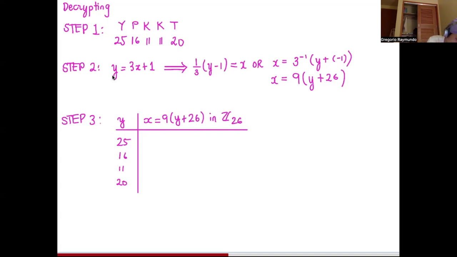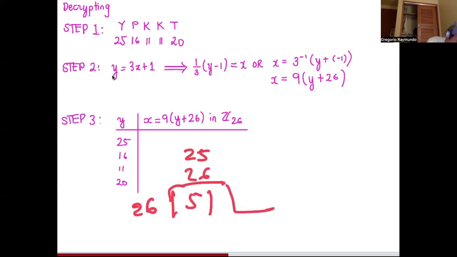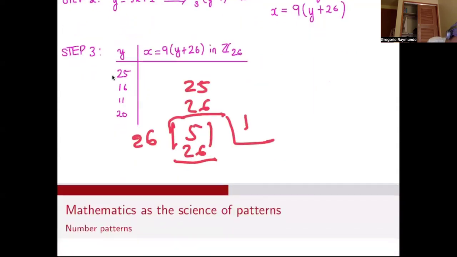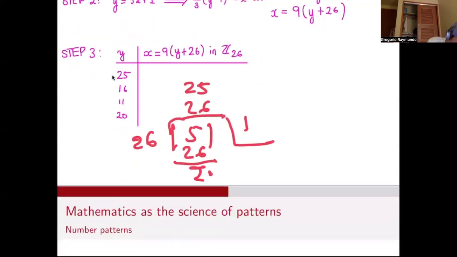Okay. So 25 plus 26, we get there 51. Divided by 26, we get there 1, 26, we get 25. So, 25 yung ano natin.